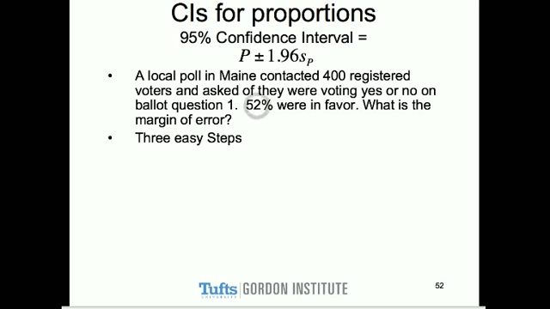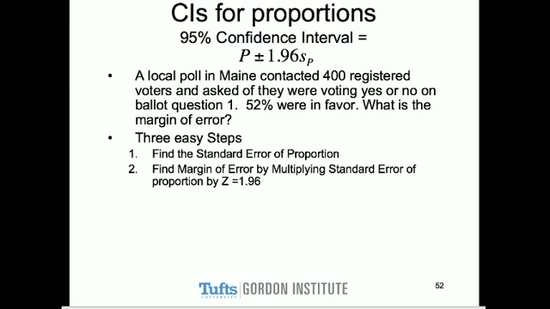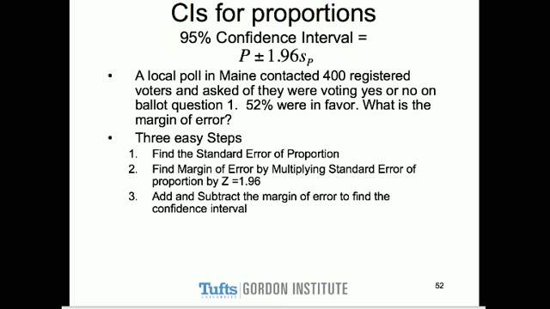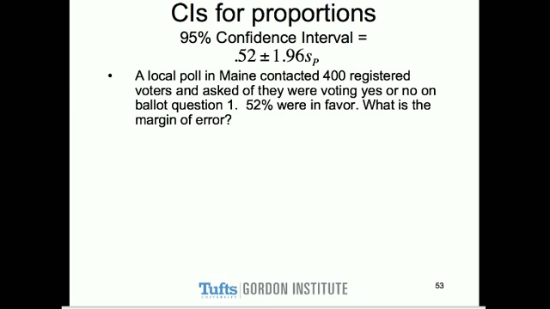P is 0.52 right there, based upon the percentage that were in favor. So what we need to do is find the standard error of proportion, and we find the margin of error by multiplying the standard error of proportion by our z-value, and this is for a 95% confidence interval. And then we just add and subtract to create our window where our true population proportion resides on this question here, okay?